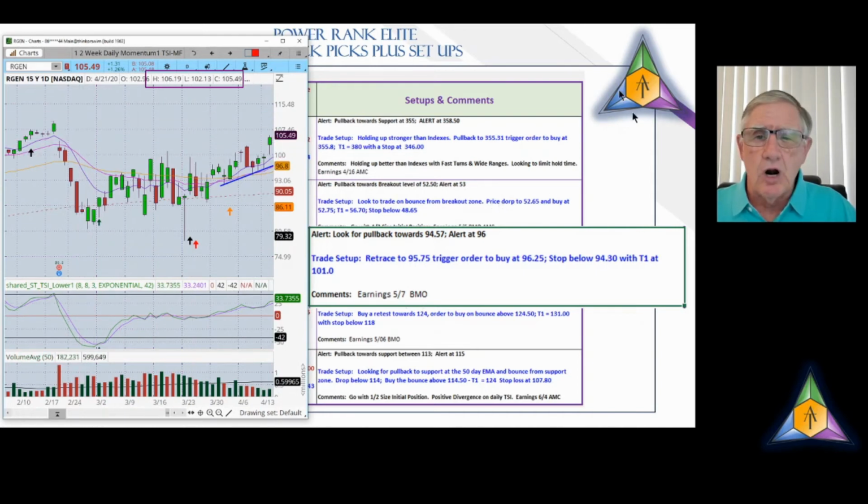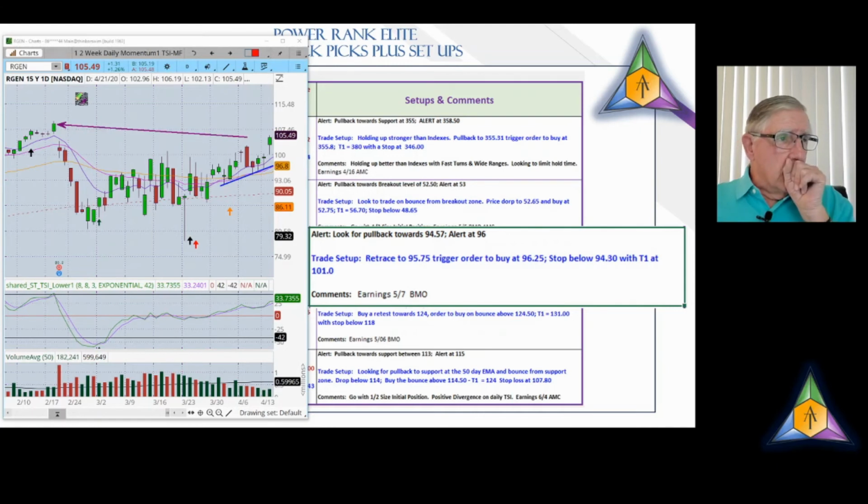For my next target, what I do is I look to my left and I want to find where is my next level of resistance. And it was over here at about 108 to the top there.